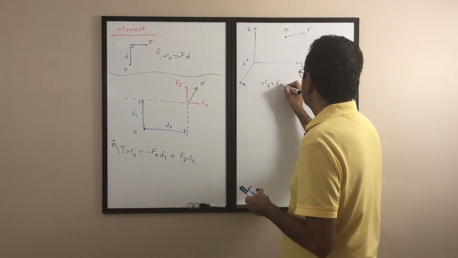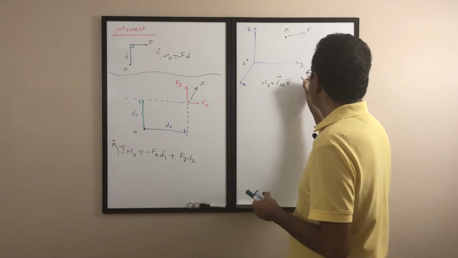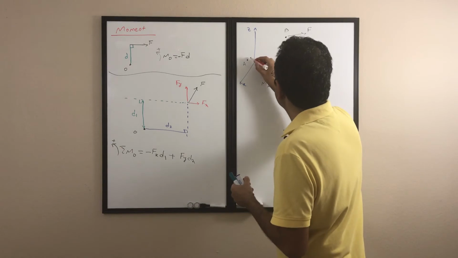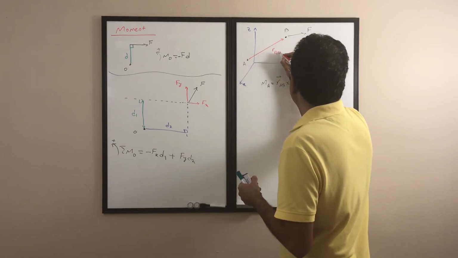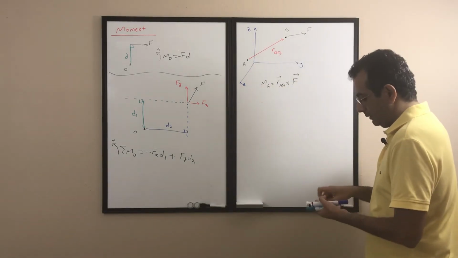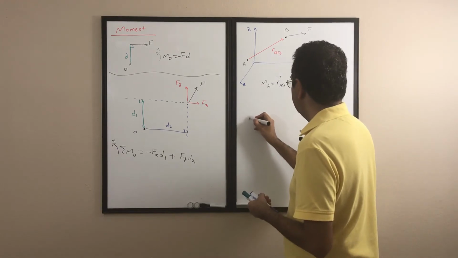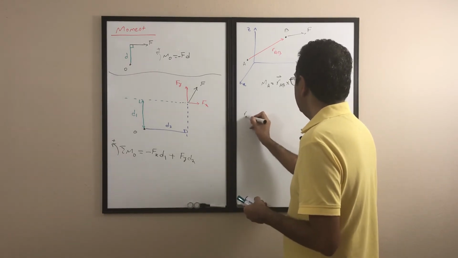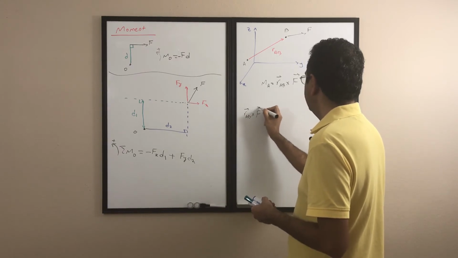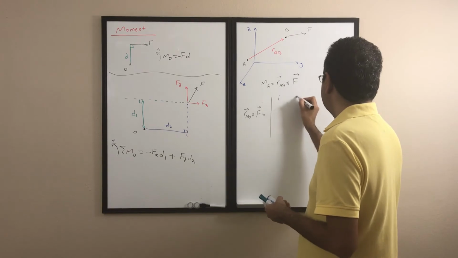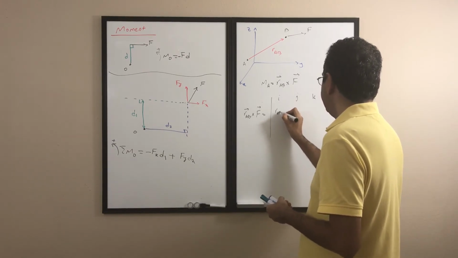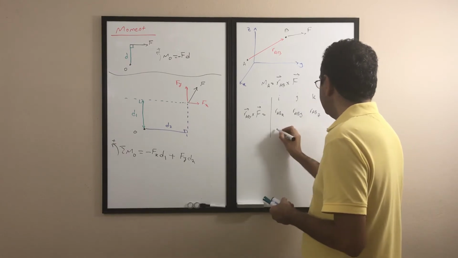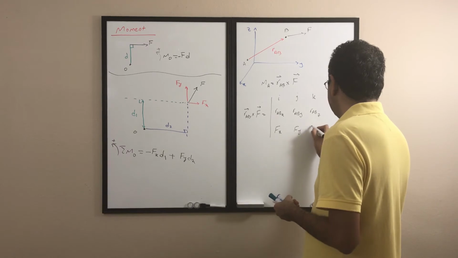The moment of F about point A is going to be the position vector from A to B, cross product of F. So that's RAB cross product F. And we know that the magnitude of this, MA, or in other words, the cross product of RAB and F, is determined by the determinant: I, J, K, RAB in the X, Y, and Z components, and then the Fx, Fy, and Fz components.